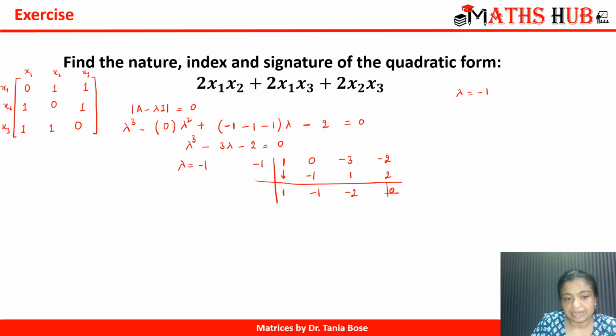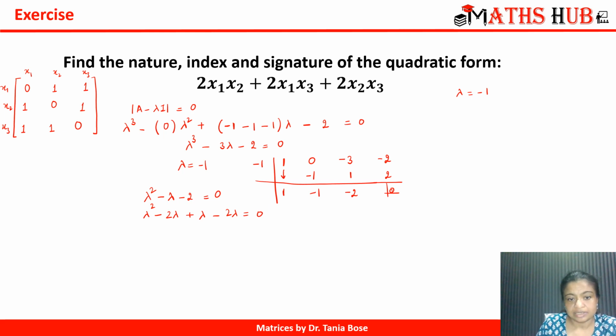So the quadratic expression that we obtain is lambda square minus lambda minus 2 is equal to 0. Let us solve this equation by middle term splitting. This is lambda square minus 2 lambda plus lambda minus 2 is equal to 0. Sorry, I had missed one term. Yes, this is minus 2.